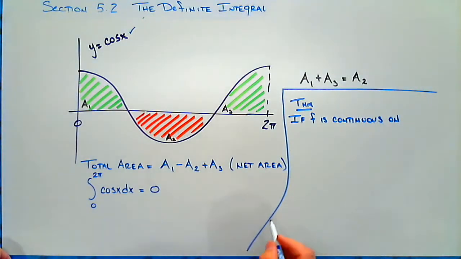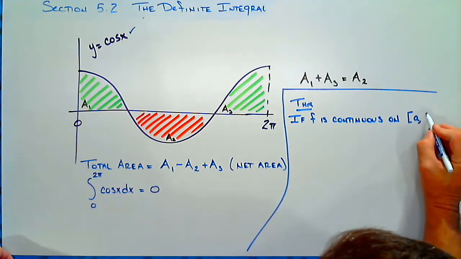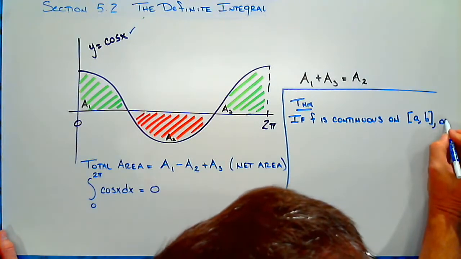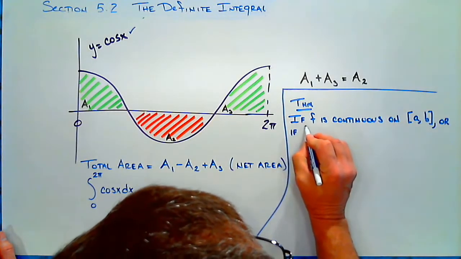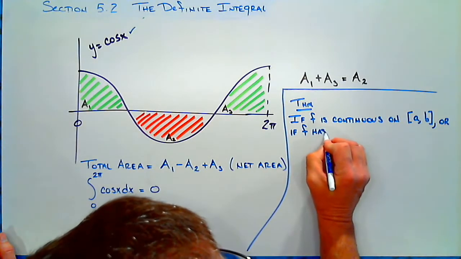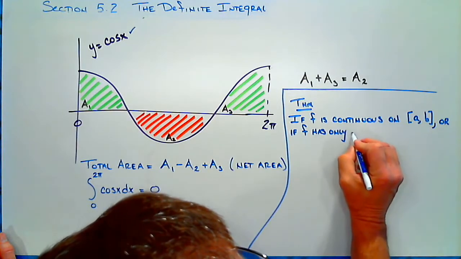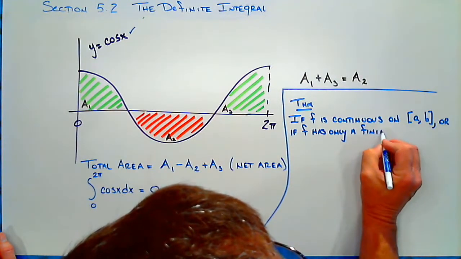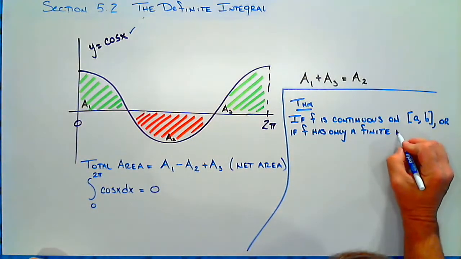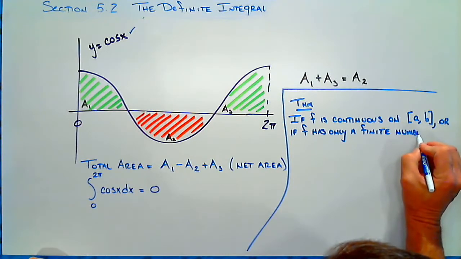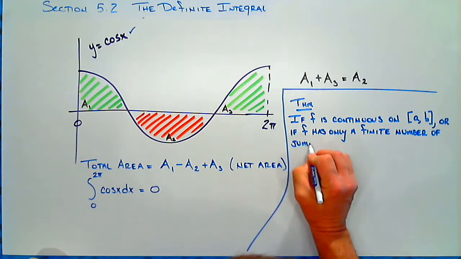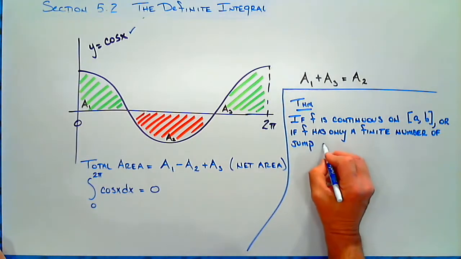If f is continuous on A to B, or if f has only a finite number of jump discontinuities.